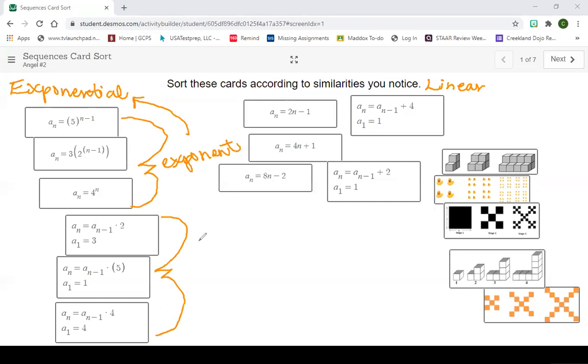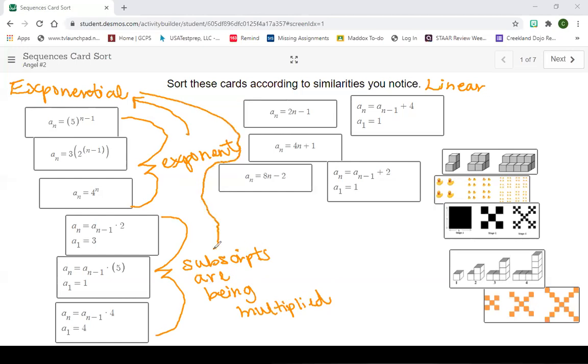But there was something important. Subscripts. So put if the subscripts are being what? Multiplied, then it's what? Recursive exponential. Good. So if the subscripts are being multiplied, then it is exponential. Make sure you write that down.